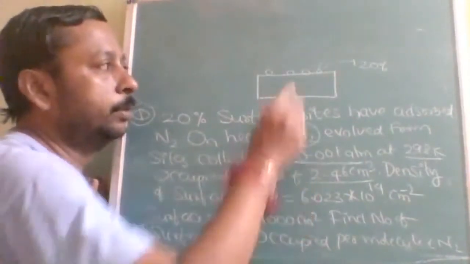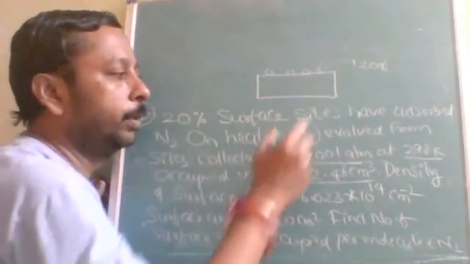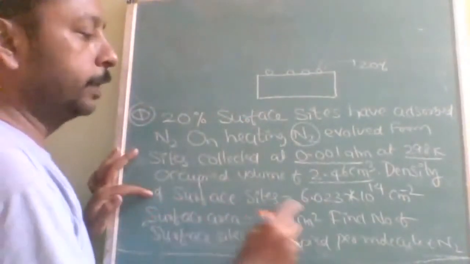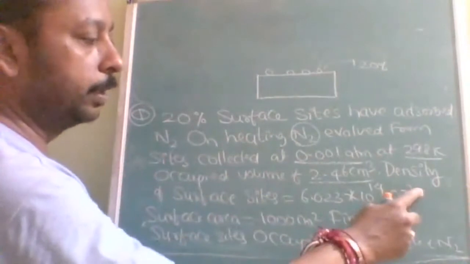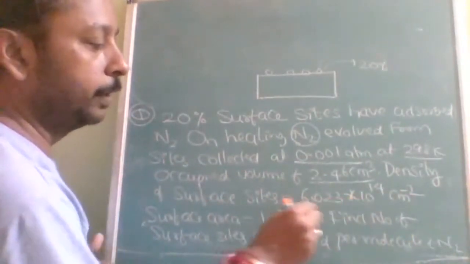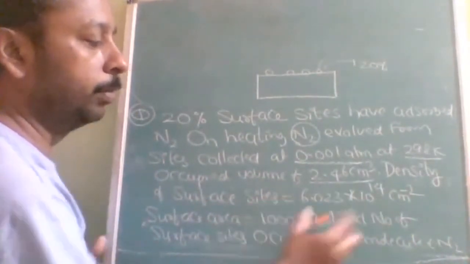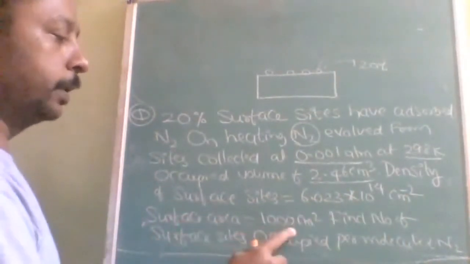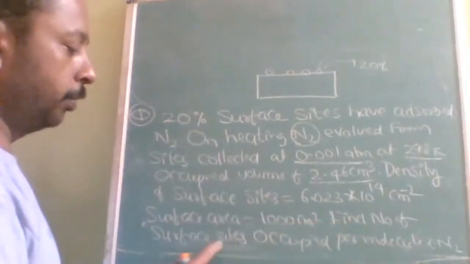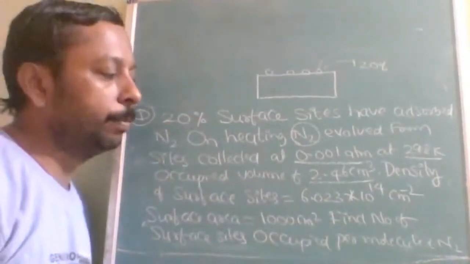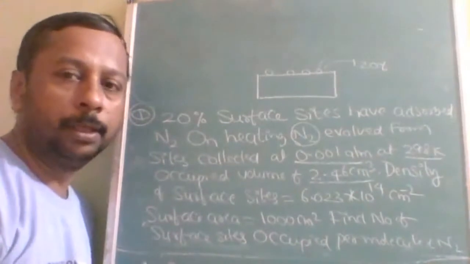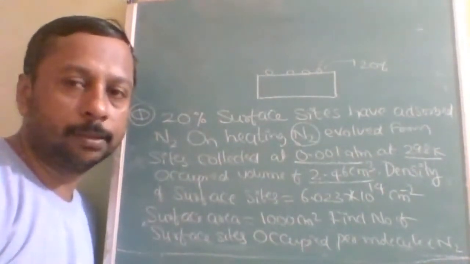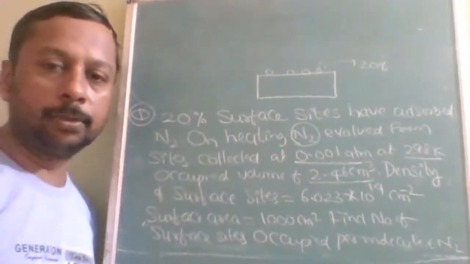Then density of surface sites, that means on 1 centimeter square these many surface sites are available. Total surface area is this much. Then find out number of surface sites occupied per molecule of N2. Each molecule of N2 occupies how many surface sites?